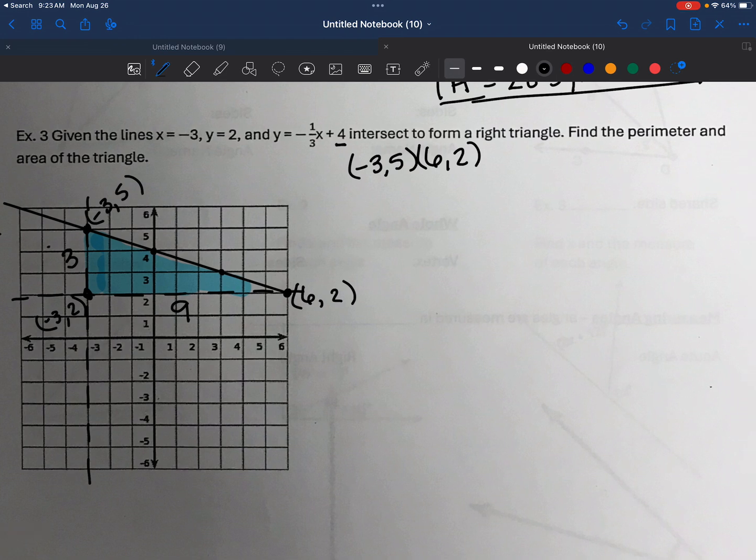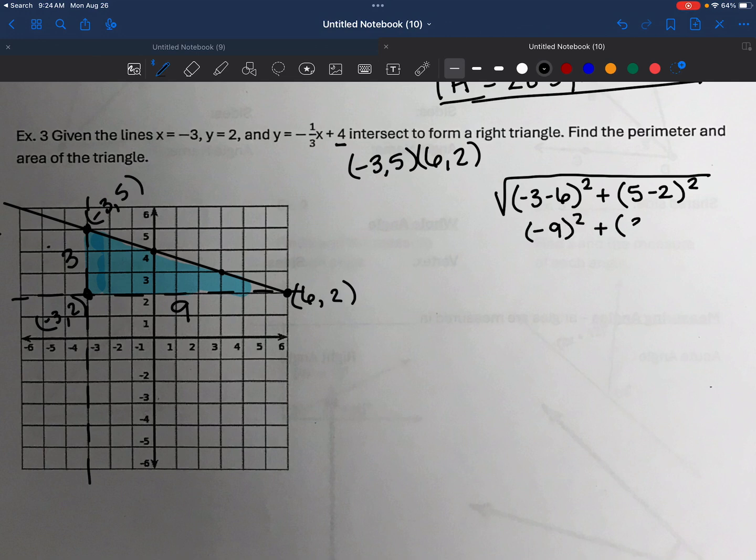Yeah, the square thing, the distance formula. -3 minus 6, squared, plus 5 minus 2, also squared. Good.